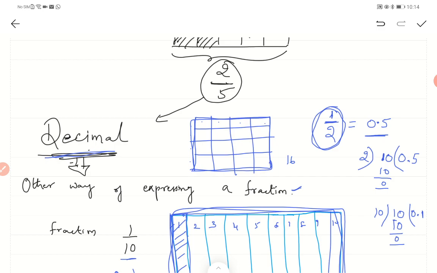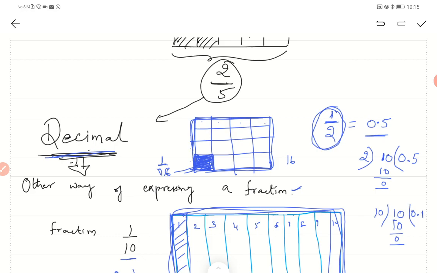So now I just want this particular part. How will it be represented? This is 1 by 16th part out of this whole rectangle. This particular small block represents 1 by 16th part.